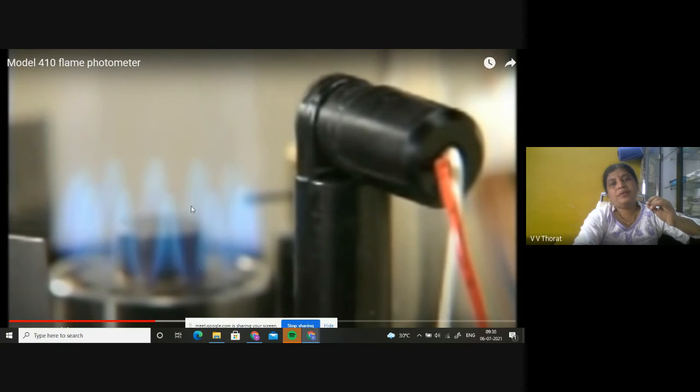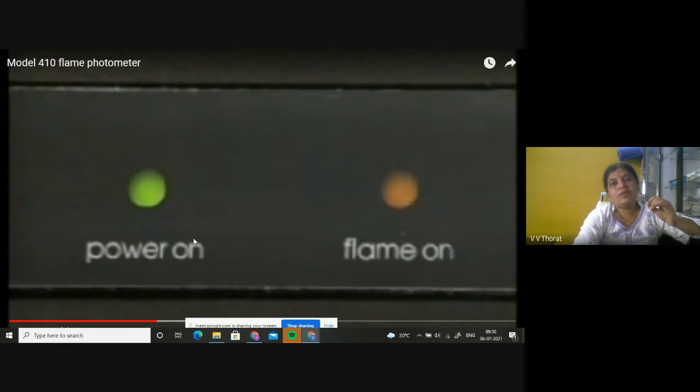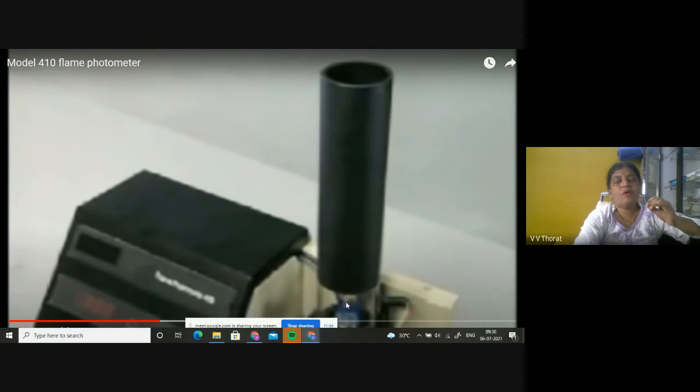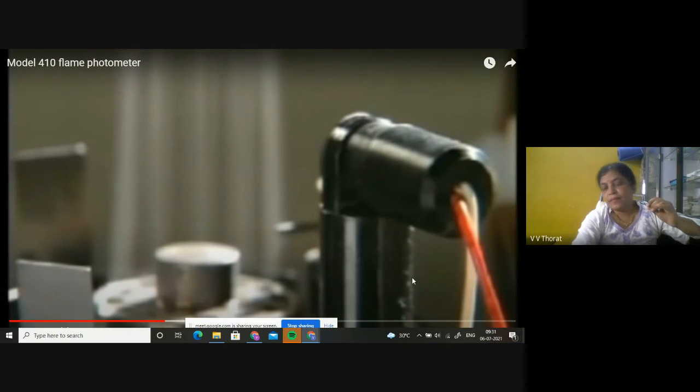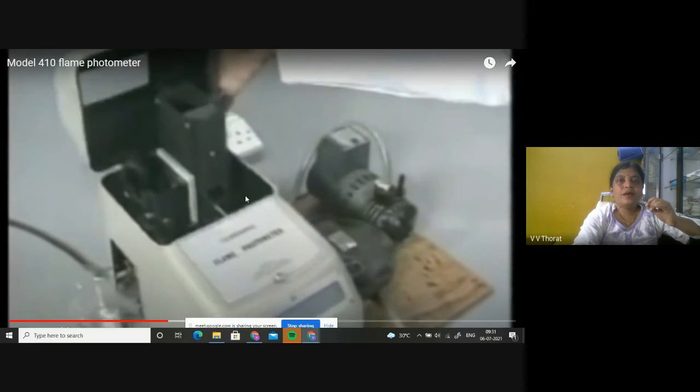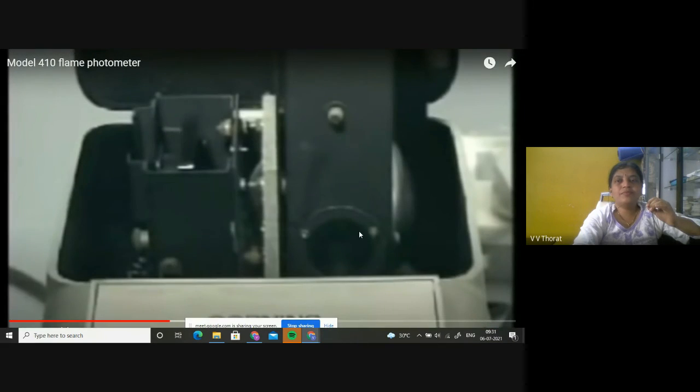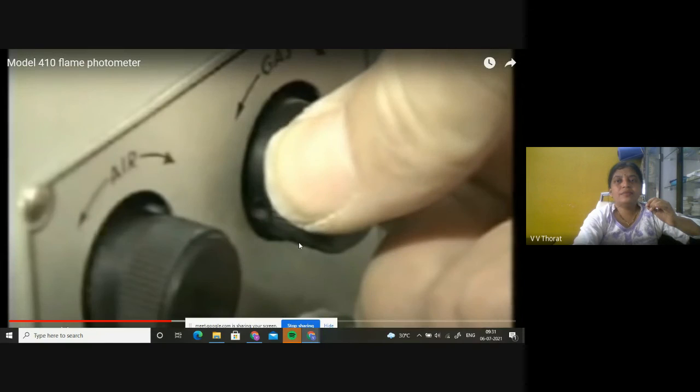So the sample, gas is on now, flame is on, it shows power on, flame on, right? And sometimes this is a safety hood. You can see the flame.